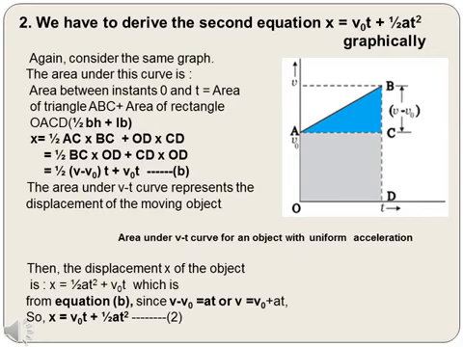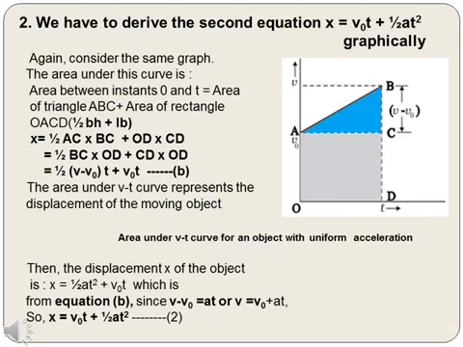In place of s, we have used x, and in place of u, we have used v0. We have to consider the same situation where the body is moving along a straight line with uniform acceleration, whose initial velocity is v0, which is not equal to 0.